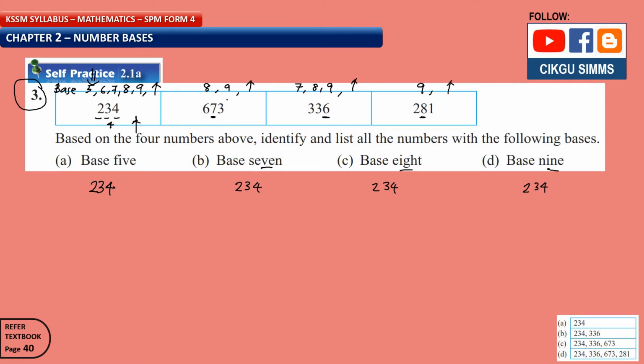For 673, it can be base 8 and above. 336 can be base 7 and above. This one can be base 9 and above. So 281 can be here. Okay, so these are the answers.